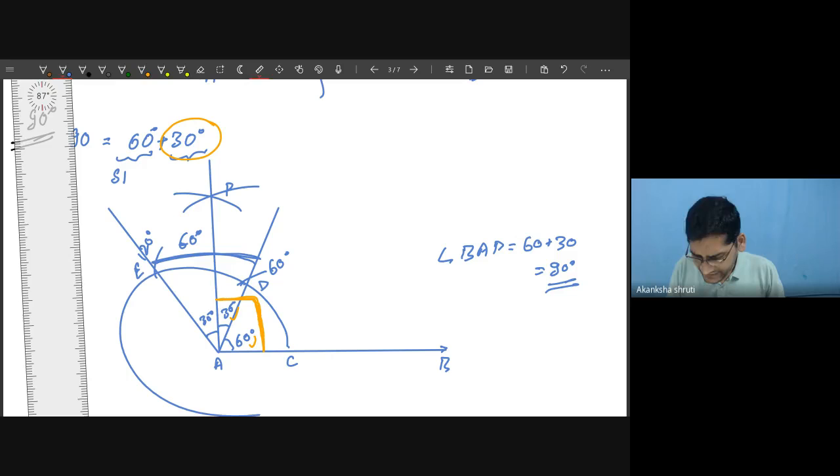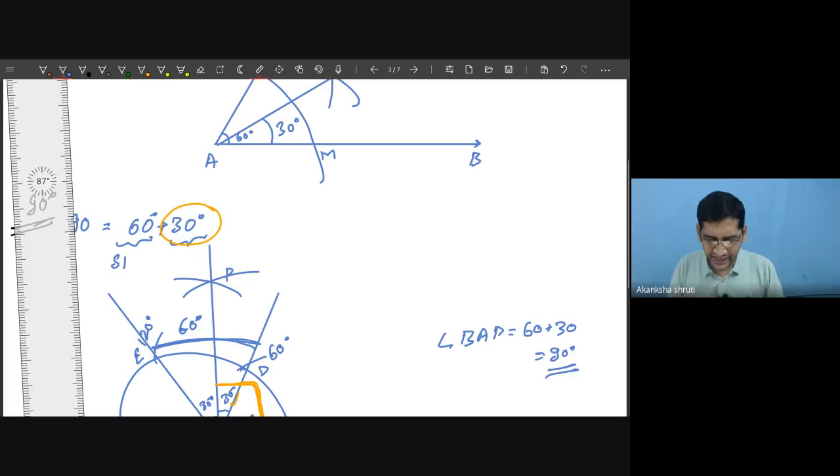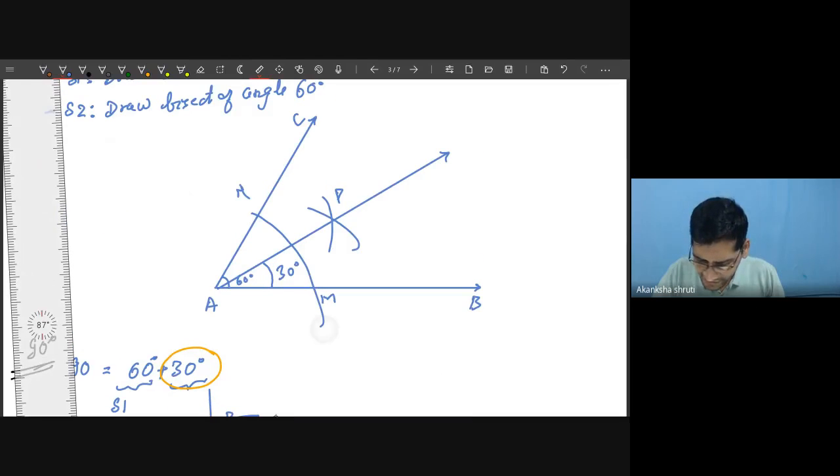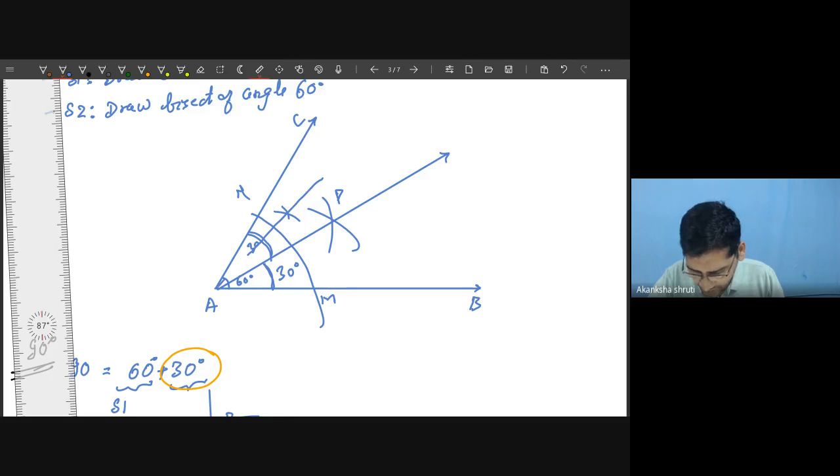If we divide this 60 degree into two parts, we get 30 degree and 30 degree. If we divide another 30 degree by the same method, by taking an arc and joining it, it becomes 15 degree.